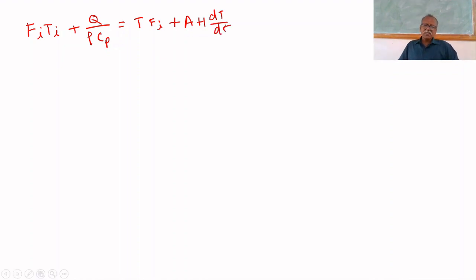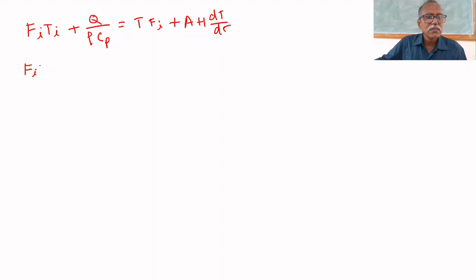Let us assume that this relation is true for changes. We are not going to substitute nominal values. Instead, at a nominal level, it is true for changes, meaning H becomes a nominal value.